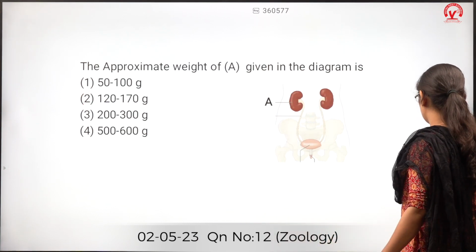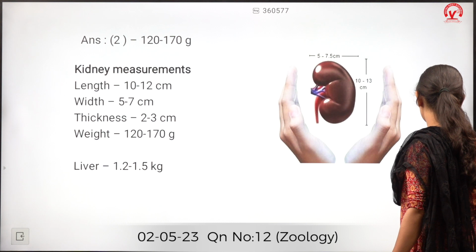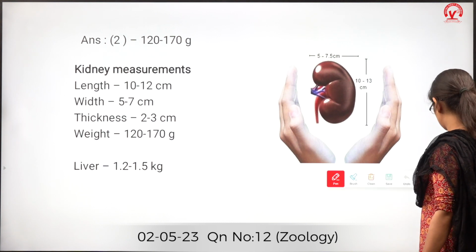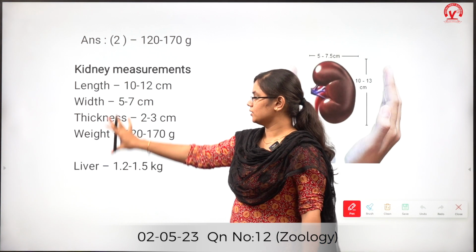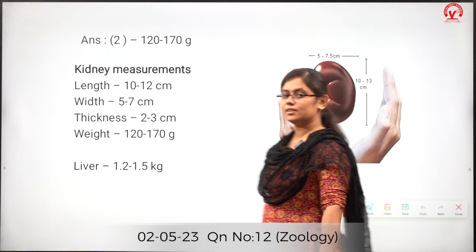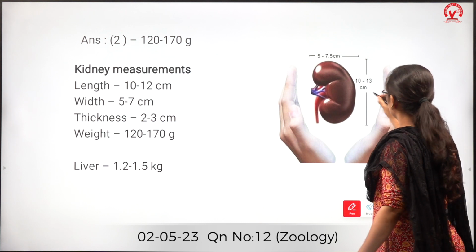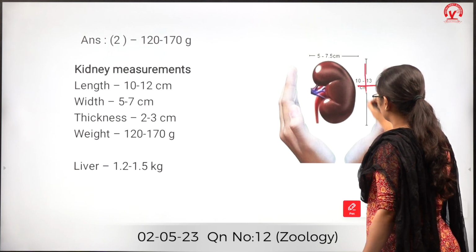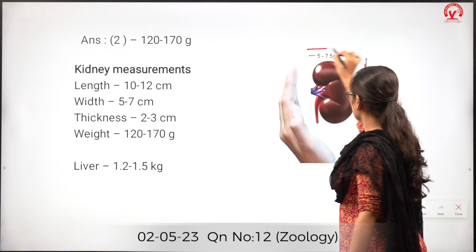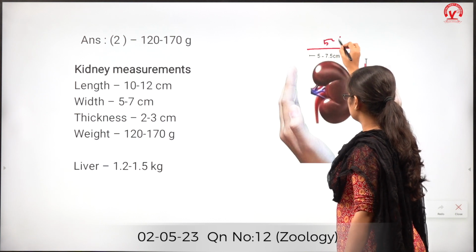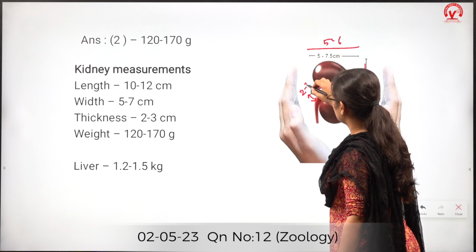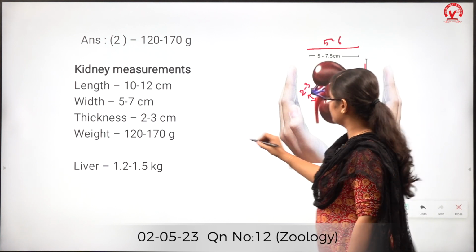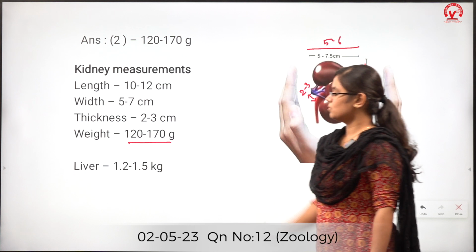In measurements of the kidney, we have to remember certain values for the exam: the length, width, thickness and weight of the kidneys. The length is 10 to 12 centimeters. The width is 5 to 6 centimeters. The thickness is 2 to 3 centimeters and the weight is 120 to 170 grams.